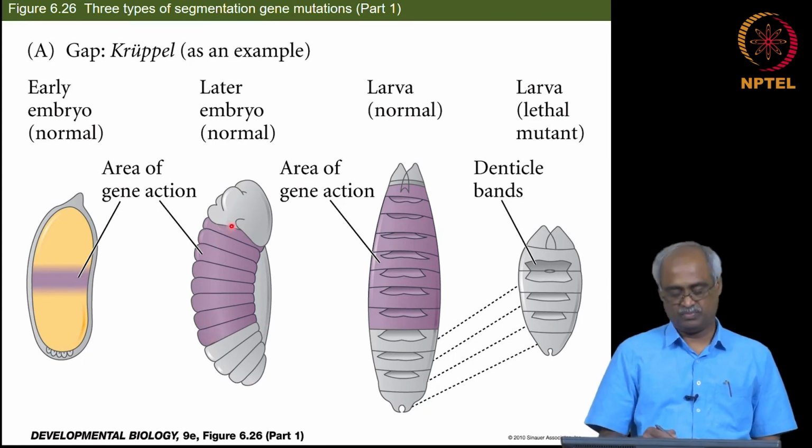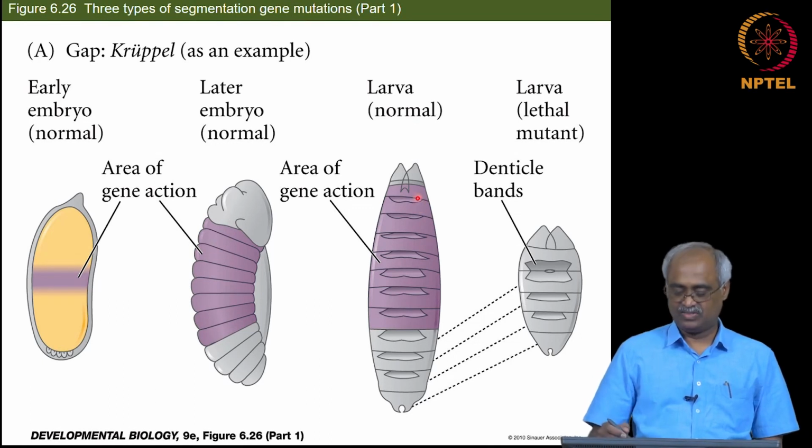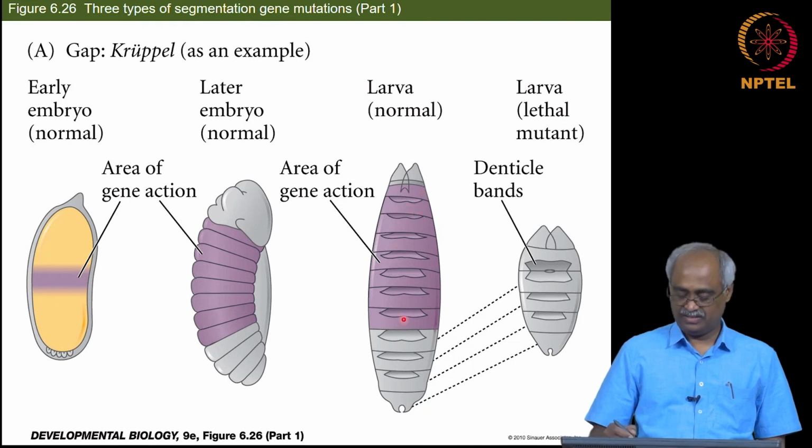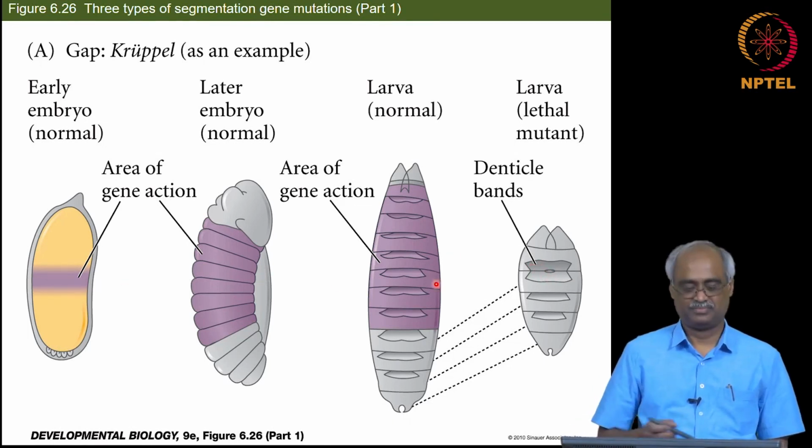It is a broader body region, and then in the larval stage it is these structures, and if this protein is not there, these are going to be missing in the mutant, and that is exactly what is missing. So, what is missing directly corresponds to where this protein is produced.